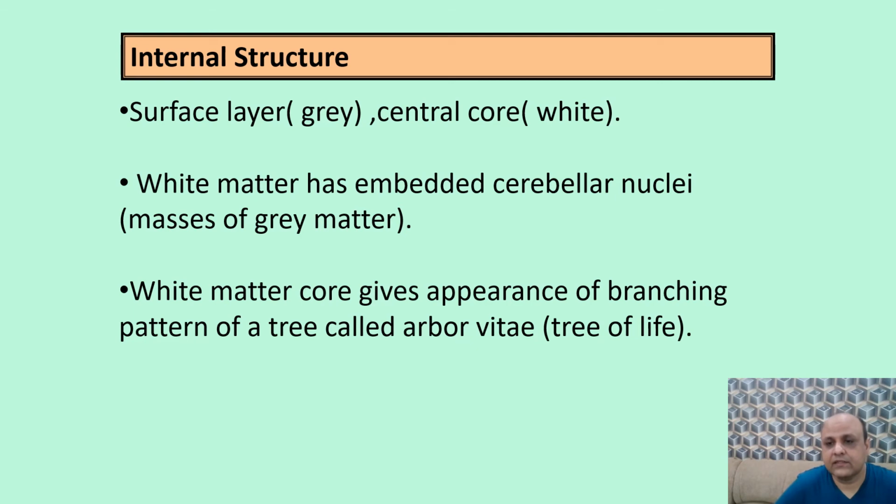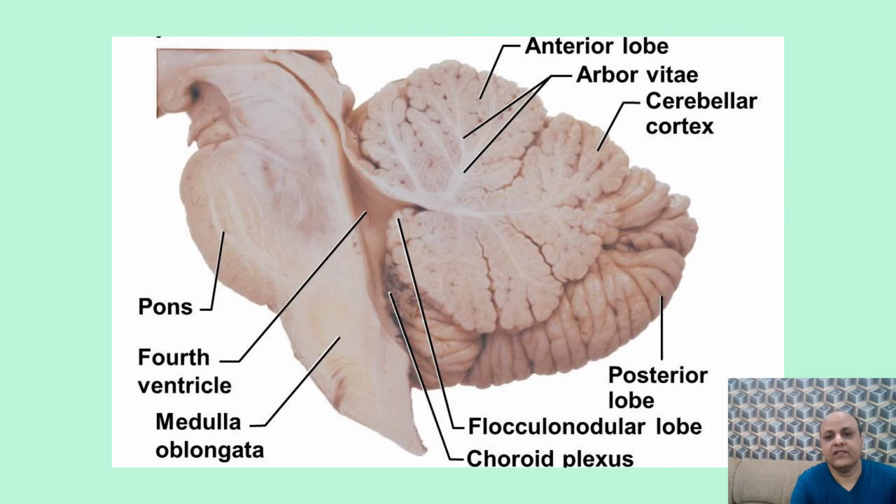So the distinctive thing here is that the white matter gives the appearance of the branching pattern of a tree called arbor vitae. This has been referred to as the tree of life. So you see here in this section, this is the gray matter, this is the white matter. This white matter has got nuclei which are masses of gray matter in the cerebellum, and you can make out this tree-like branching pattern which is referred to as the arbor vitae or the tree of life.